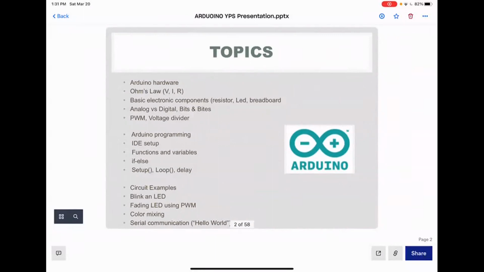I'm not gonna go into too much detail about how to write the code, but I want everybody to have some basic idea how to get started. We're gonna do some circuit examples like blinking an LED, showing pulse width modulation, maybe color mixing and serial communication.